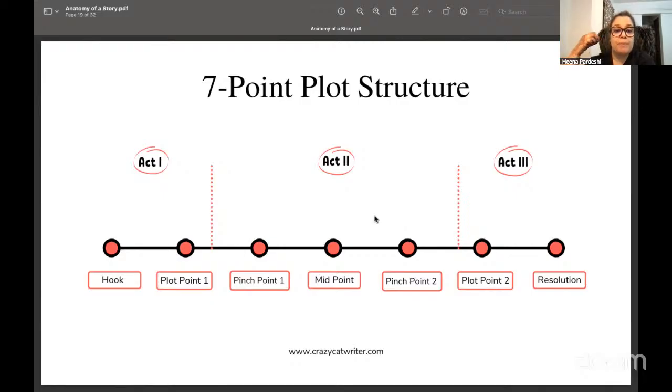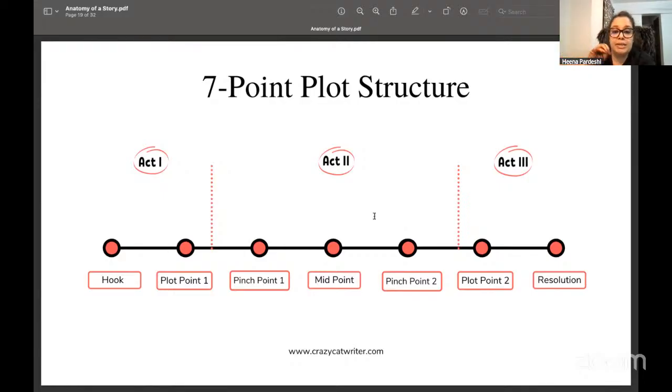Then comes pinch point 1. Pressure from the antagonist or fate. That is the resistance, the conflict that the character is going to face. In Kite Runner, we have Soviet invasion and loss of hope.